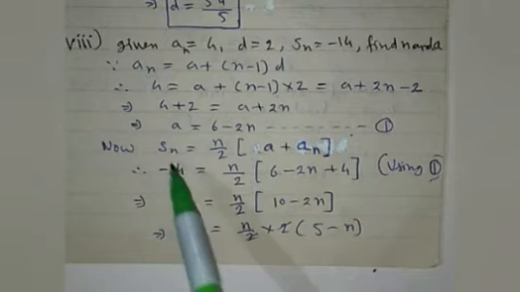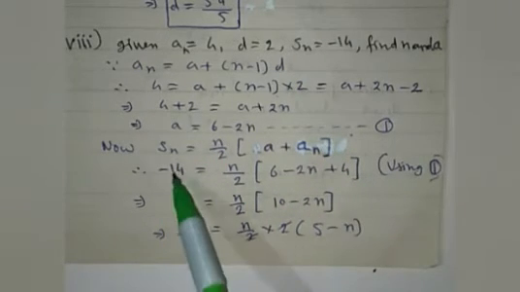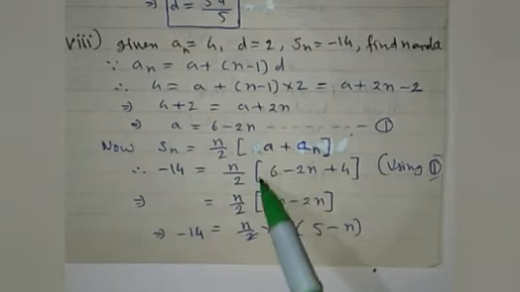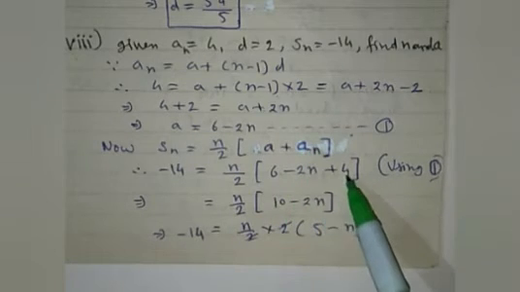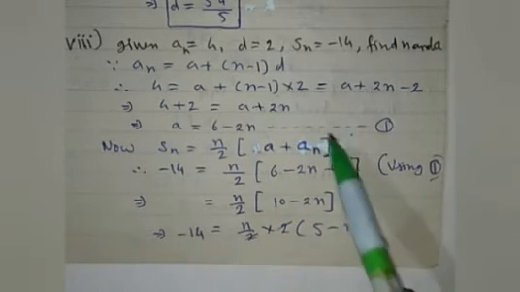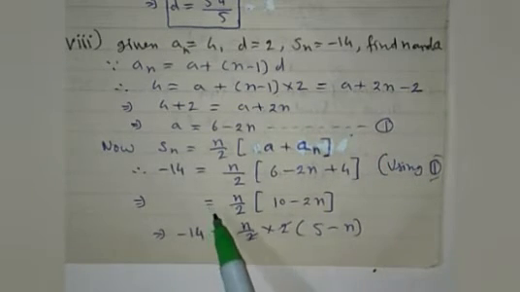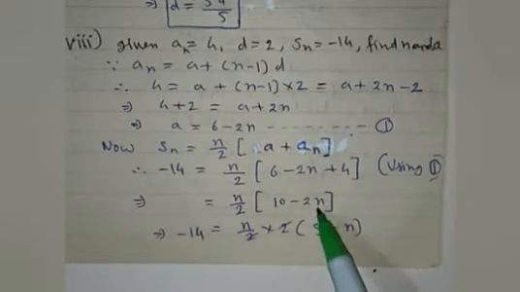Now for Sn equal to n by 2 into (a plus an). Sn is given as minus 14, which is equal to n by 2 into (a, which is 6 minus 2n, plus an, which is 4). Here we have used equation number 1. So it is equal to n by 2 into (6 plus 4 is 10, 10 minus 2n).